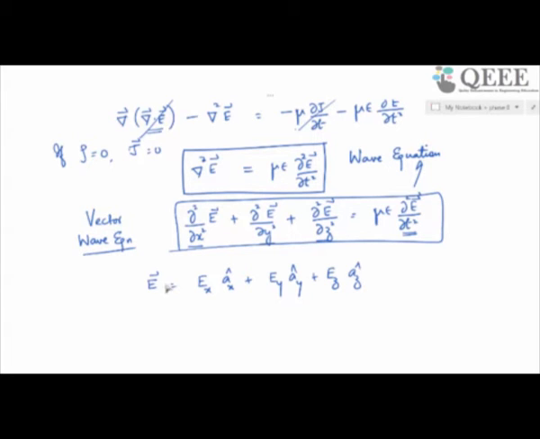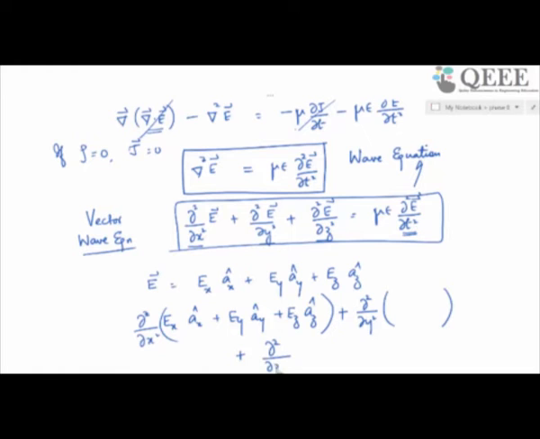Then I can write this as del square by del x square of Ex Ax plus Ey Ay plus Ez Az, plus del square by del y square of the whole thing plus del square by del z square of the whole thing equal to mu epsilon del square by del t square of the whole thing.